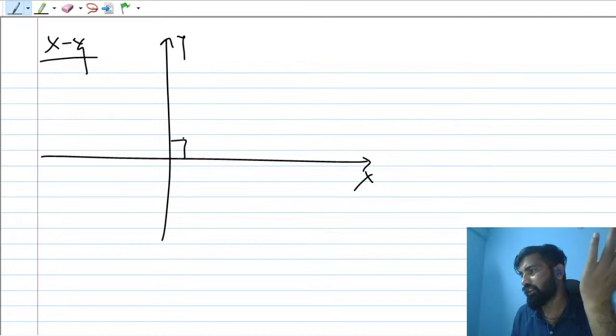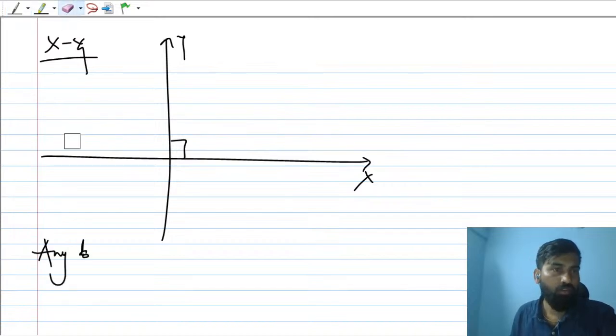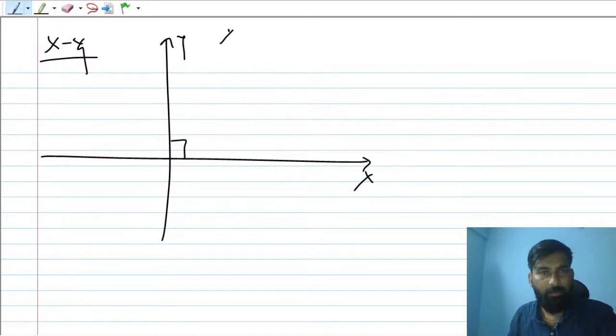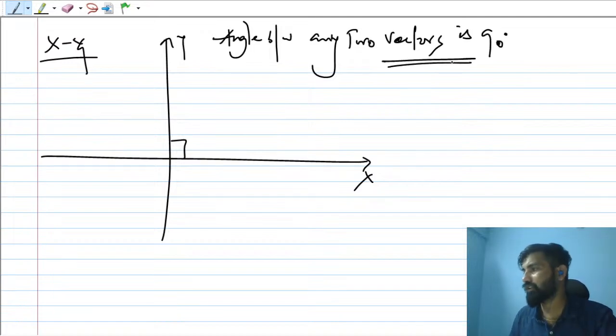We call it that when the angle between any two vectors happens to be 90 degrees. These are the basic ideas I'm discussing. The angle between any two vectors is 90 degrees. This is the meaning of perpendicular or orthogonal.